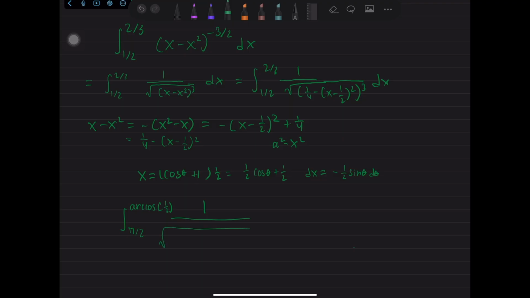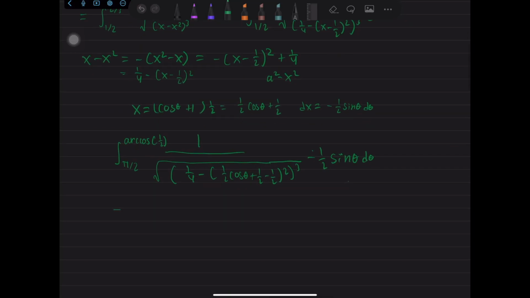This will be a little long. 1 over 4 minus, so we have 1/2 cosine of theta plus 1/2 minus 1/2. This whole thing is squared. Then all of this is cubed. And then we have negative 1 over 2 sine theta d theta.